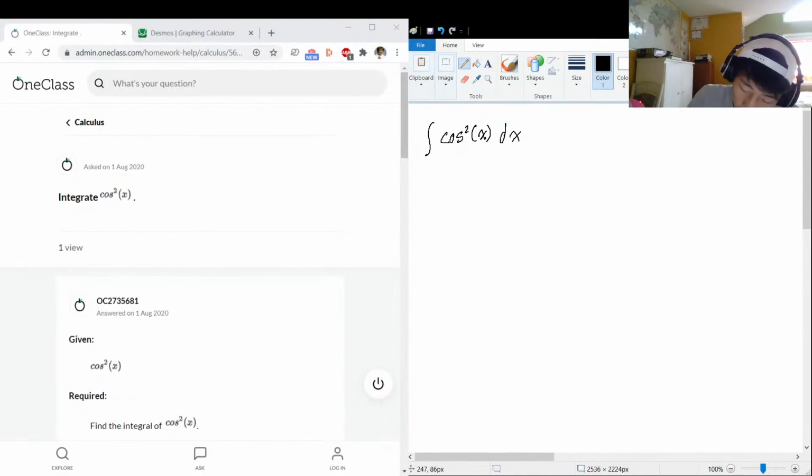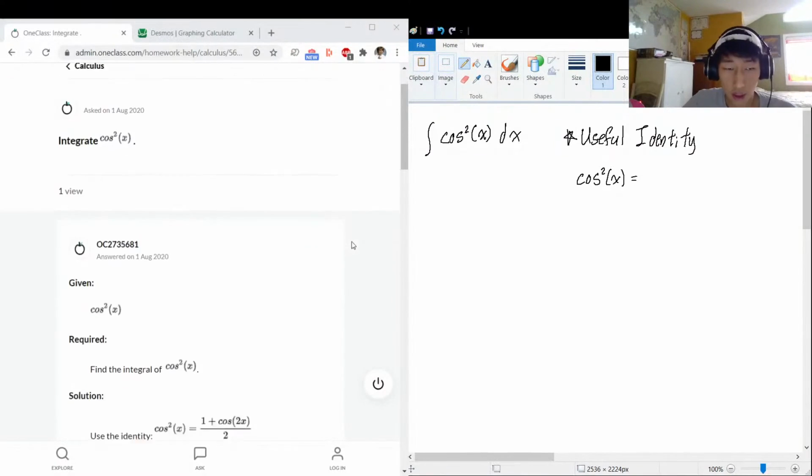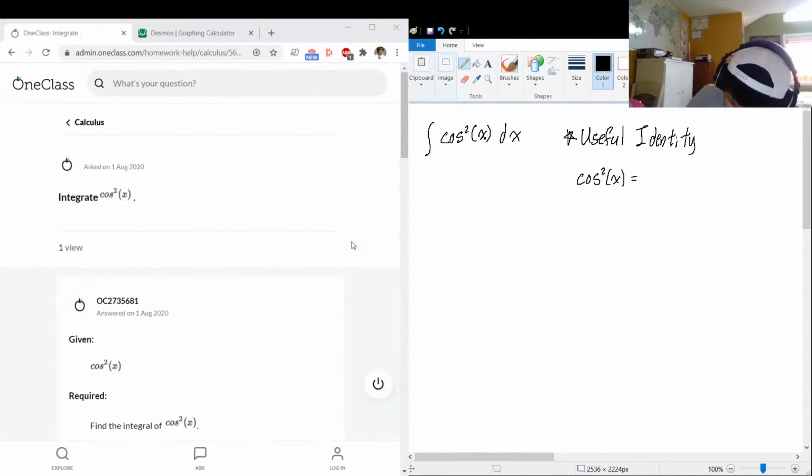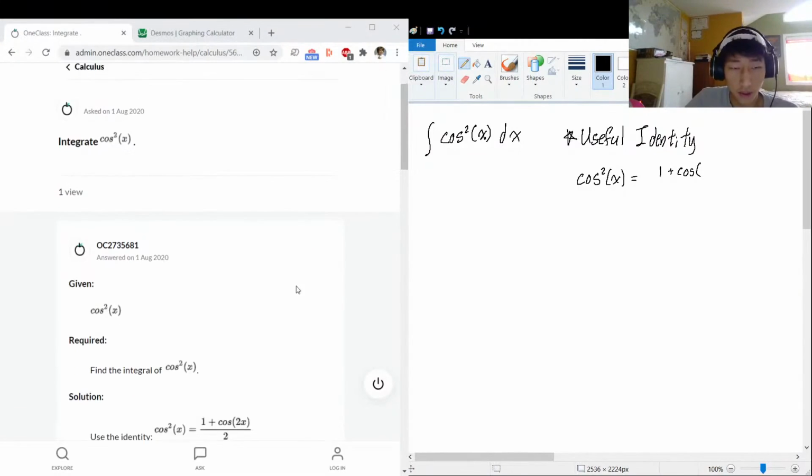So one identity that I think could be useful is that cos squared of x is equal to 1 plus cos of 2x over 2.